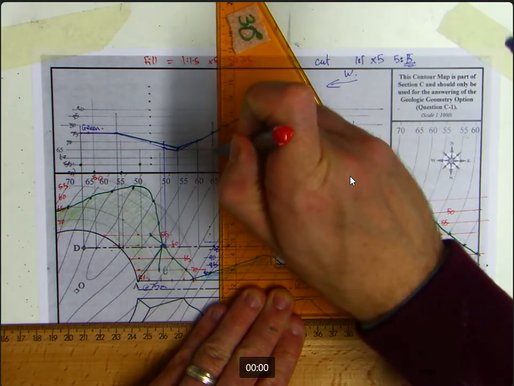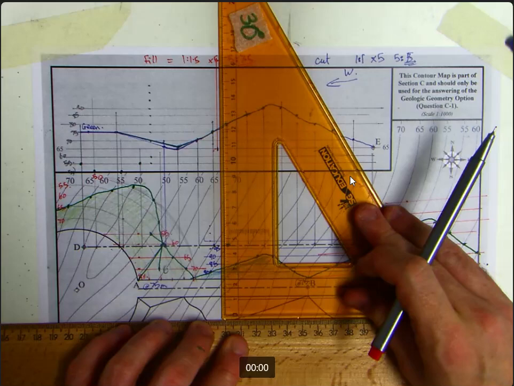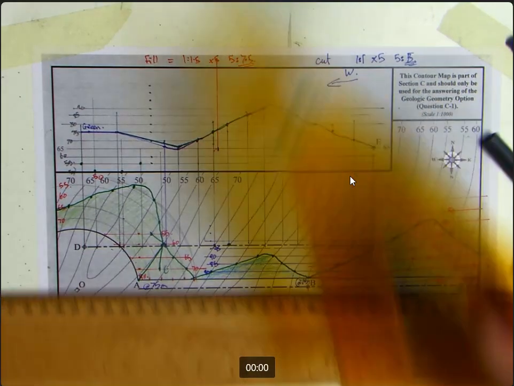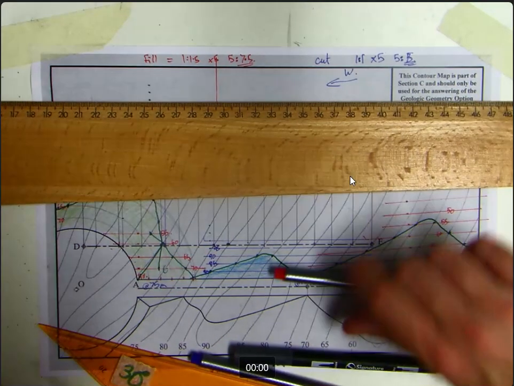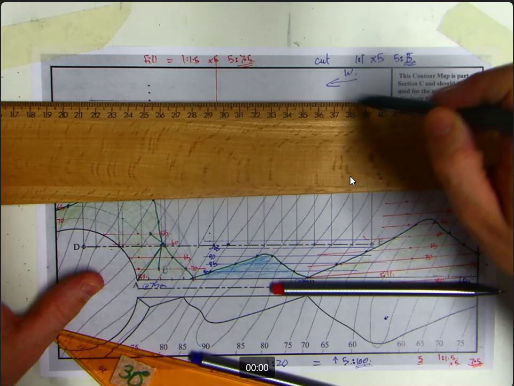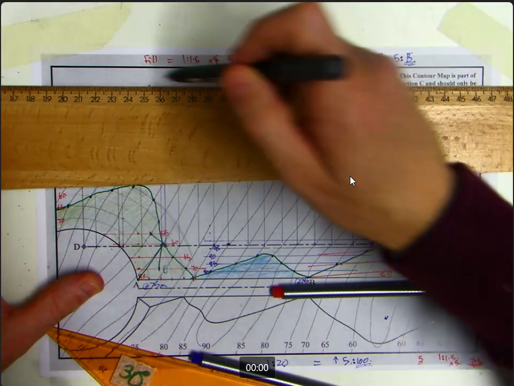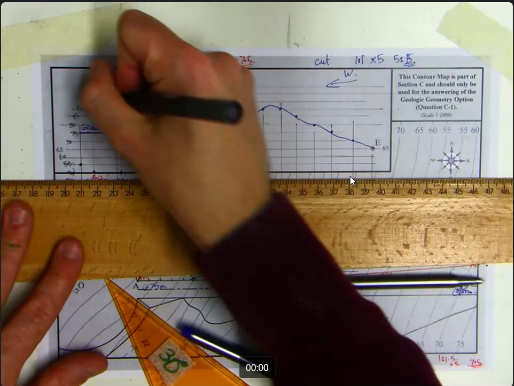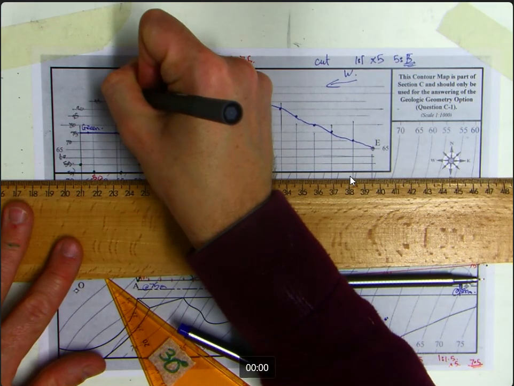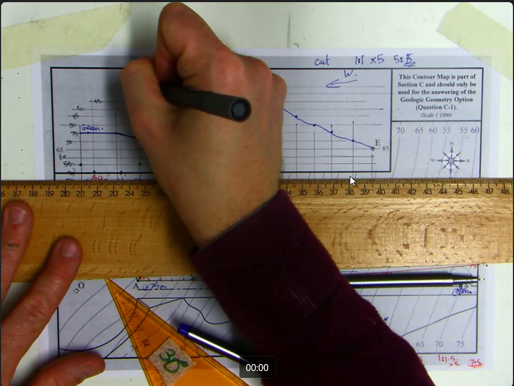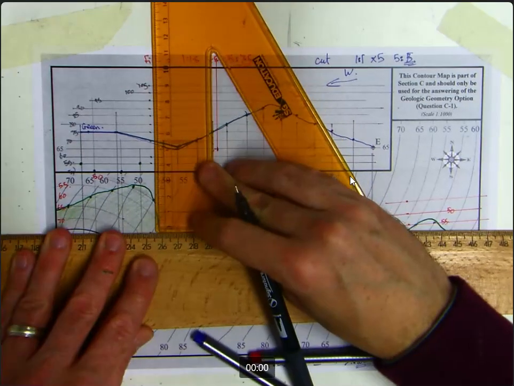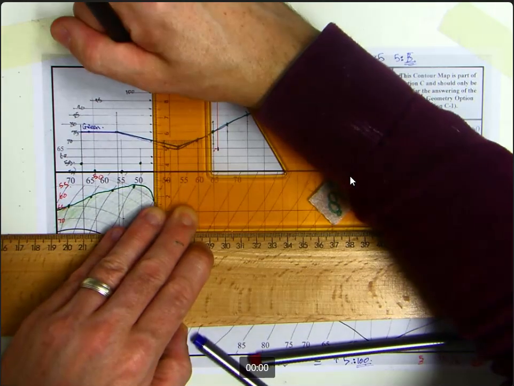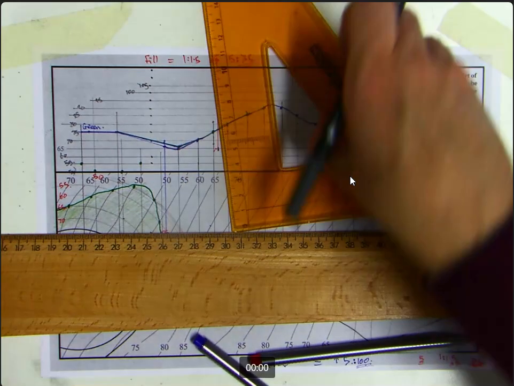So after 100 meters, it's traveled to an altitude of 115. If we put in all of our horizontal heights here, that'll be 95, that'll be 100, 105. Let's go two more, get to 115. So there's 110, there's 115.